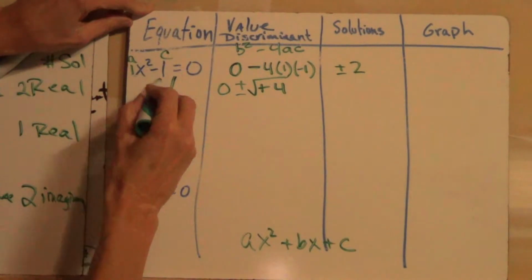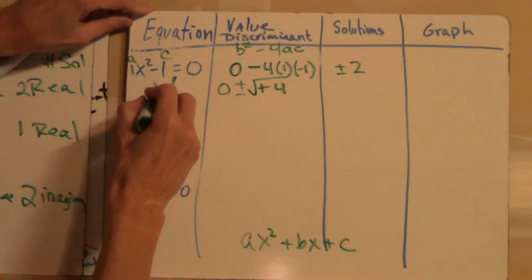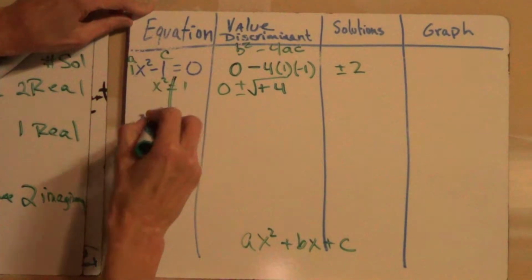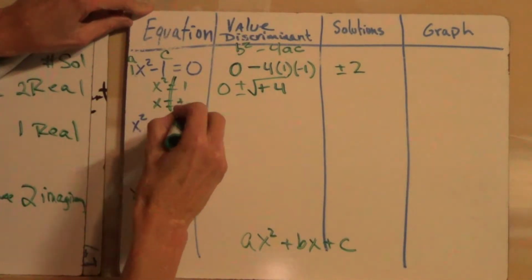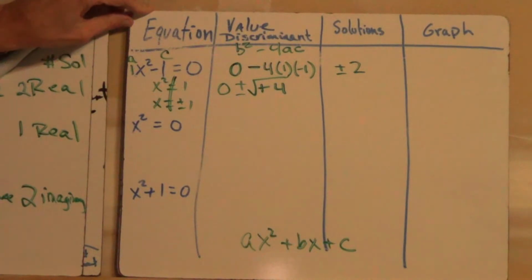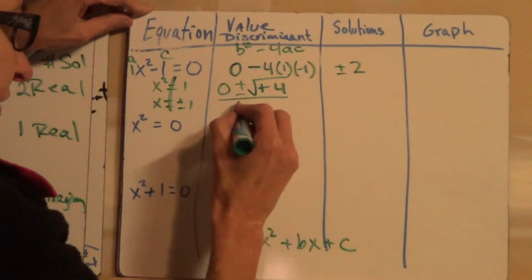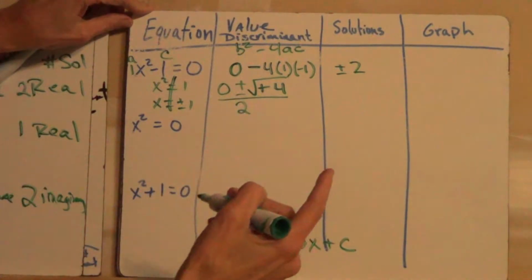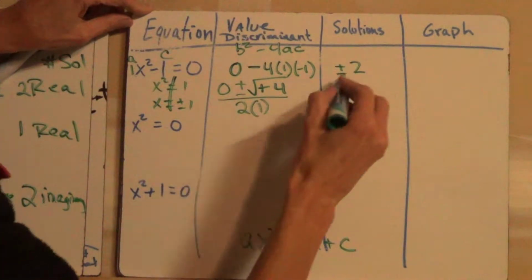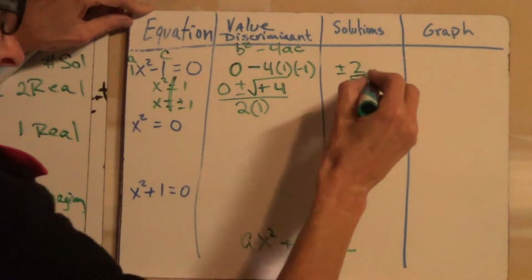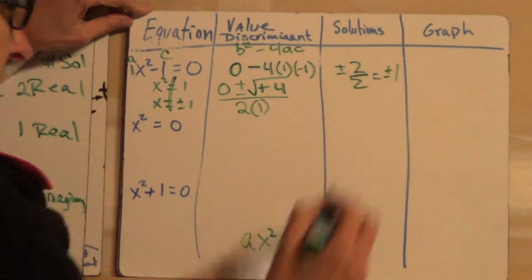Going up our PEMDAS, add 1 to each side, and we end up with x squared equals 1. Square root, x equals plus or minus 1. So now we might go, well, why did we get 2? We forgot that we have a 2a underneath from our quadratic formula. 2 times a is 2, so it's plus or minus 2 over 2, which equals plus or minus 1.